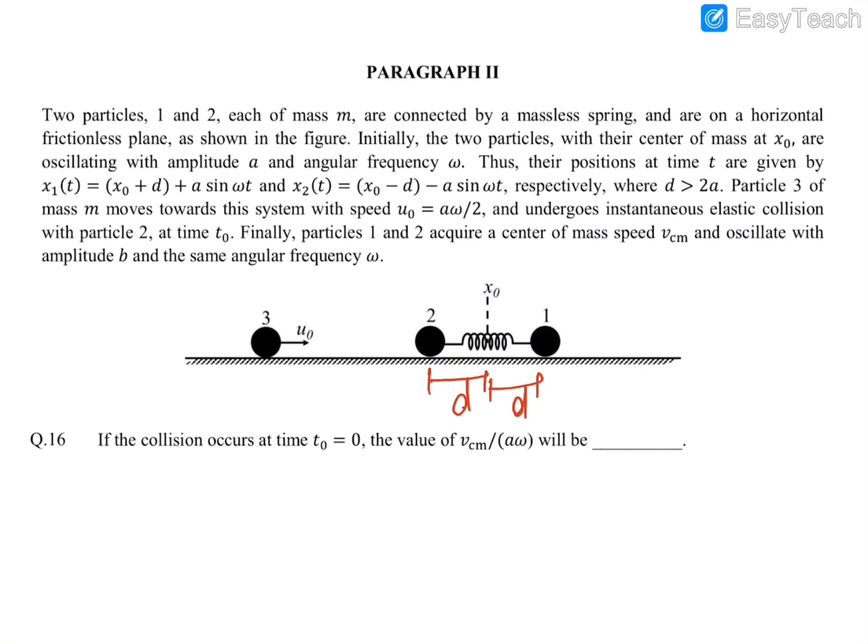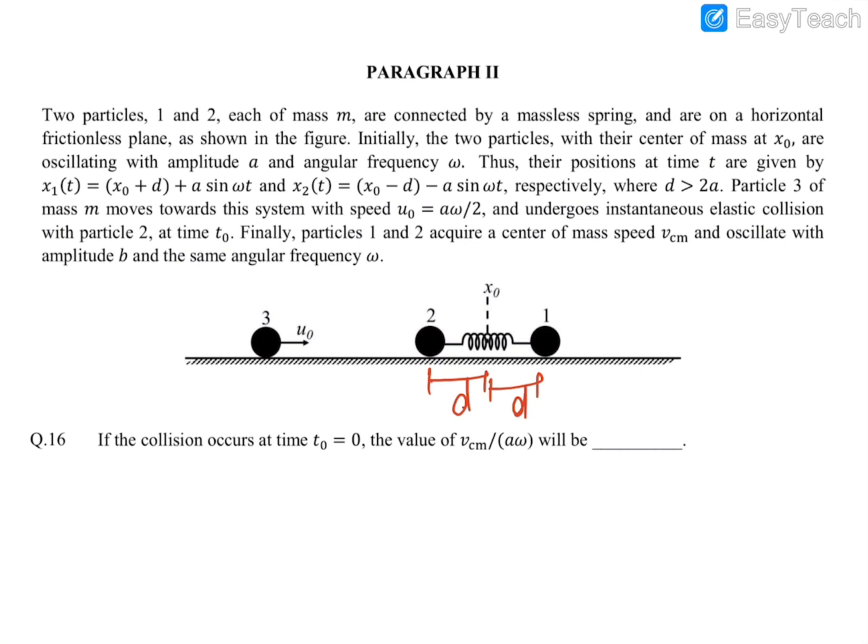This particle undergoes an instantaneous elastic collision with particle 2 at time t0, and finally particles 1 and 2 acquire a center of mass speed vcm and oscillate with an amplitude b with the same angular velocity omega. If this collision occurs at t is equal to 0, we have to find vcm upon a omega.